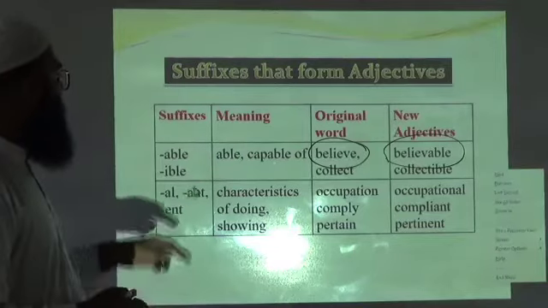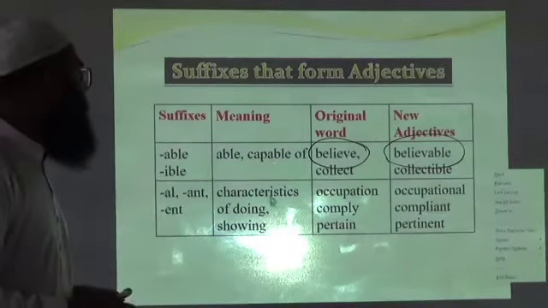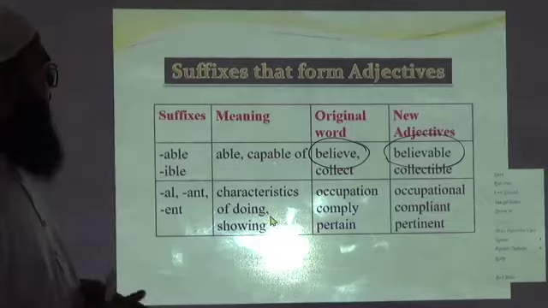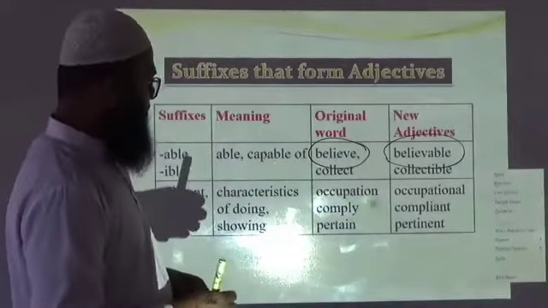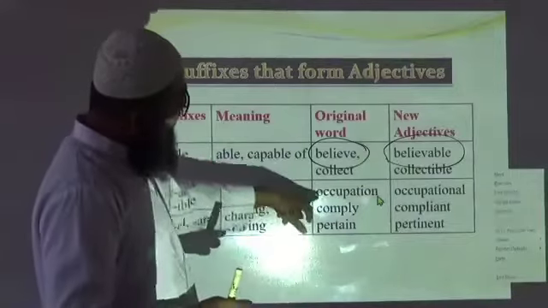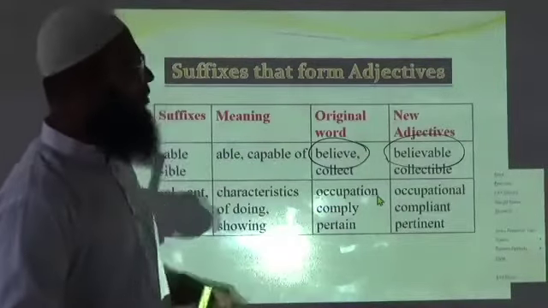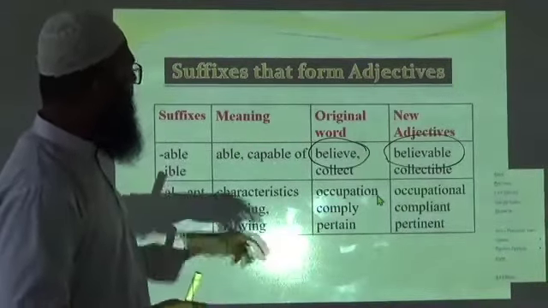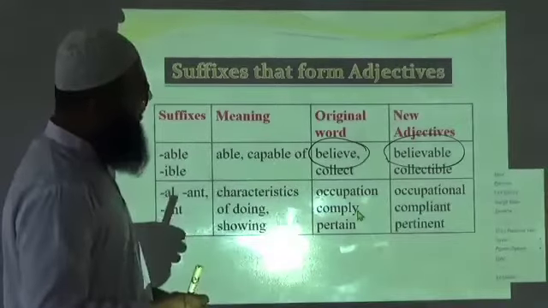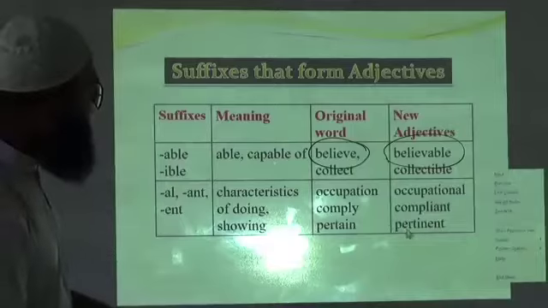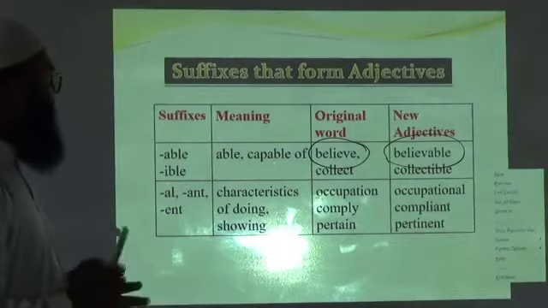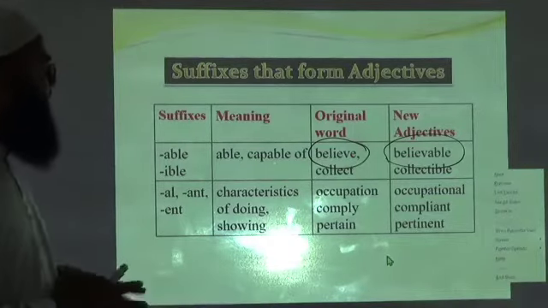AL, ANT, ENT. Characteristics of doing or saying. Occupation, that means পেশা. Occupation to occupational. Comply, স্বীকার করা, compliant. Pertinent.